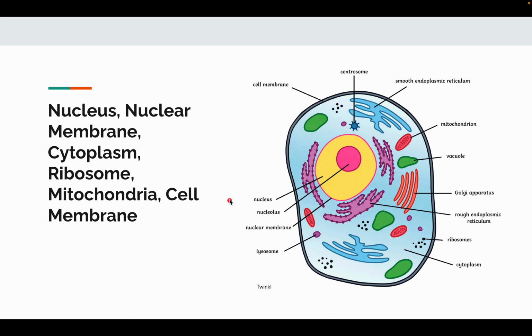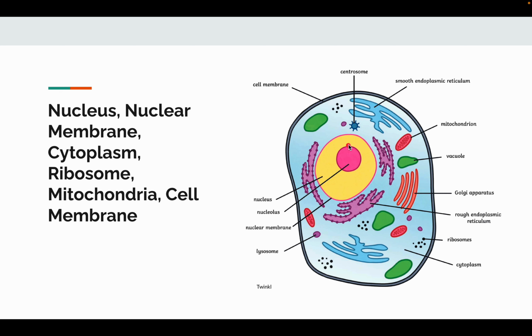So firstly, on the slide, we have a picture of a cell. We have a nucleus and a nuclear membrane, and the nucleus is separated from the rest of the cell, from the cytoplasm, by the nuclear membrane. The nucleus holds all the DNA, chromatin, and chromosomes.